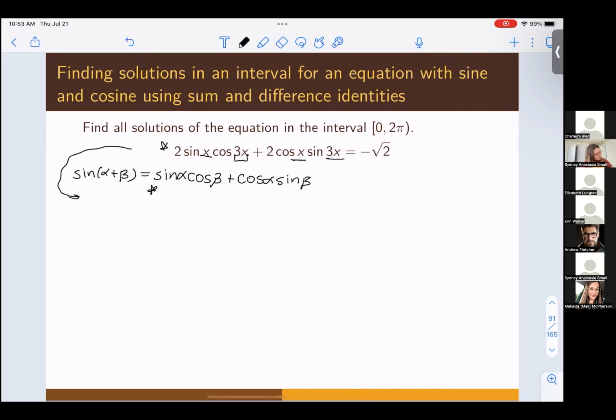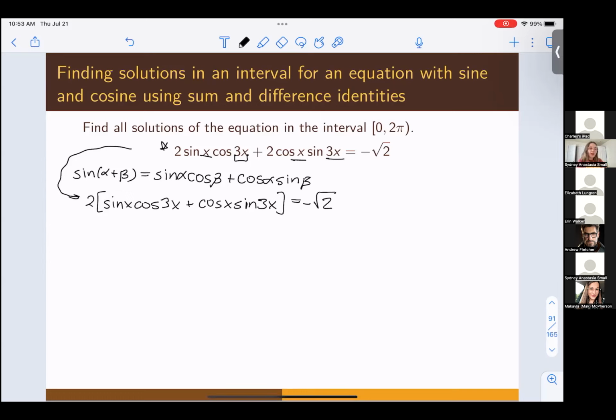So this becomes 2 times the sine of x cosine 3x plus cosine x sine 3x is equal to negative square root of 2.